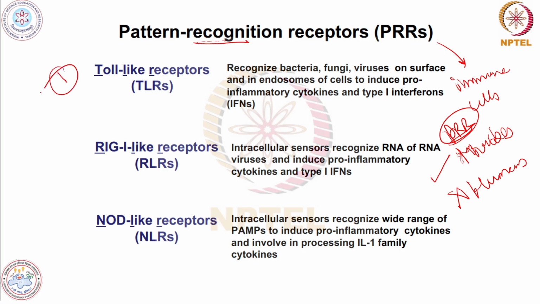The first one is TLR, that is toll-like receptor. These are found on the surface and inside the endosomes of immune cells, such as macrophages and dendritic cells.